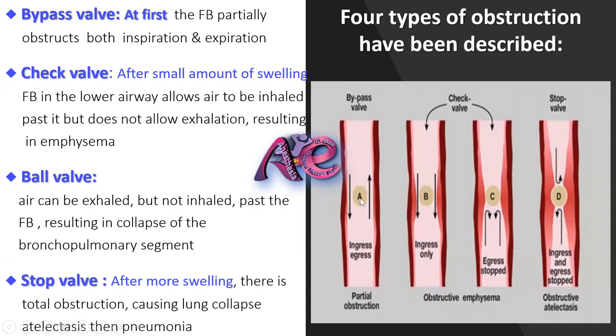Okay, a check valve can develop after a small amount of edema has developed. After a little edema has developed, a foreign body in the lower airway allows air to enter during inhalation, but does not allow exhalation, resulting in emphysema.